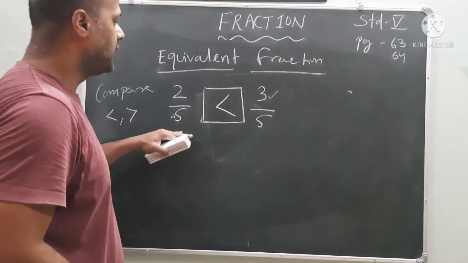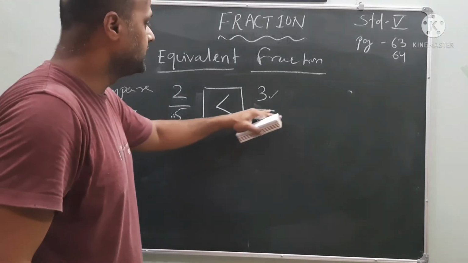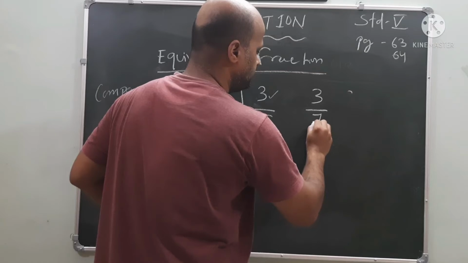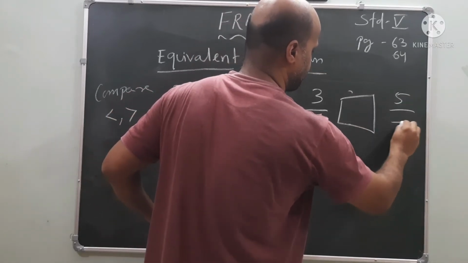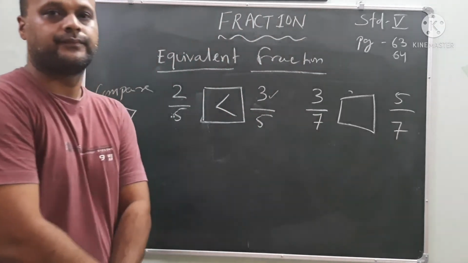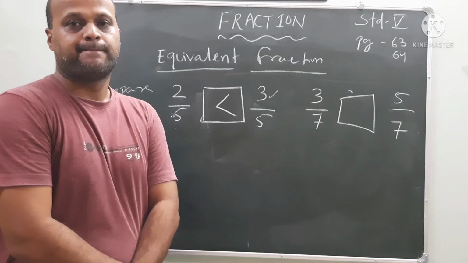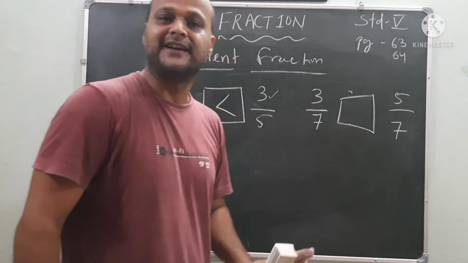Okay. So 2 by 5 is less than 3 by 5. Now you just tell me which one is greater, which one is smaller? Yes, 5 by 7 is the greater one.